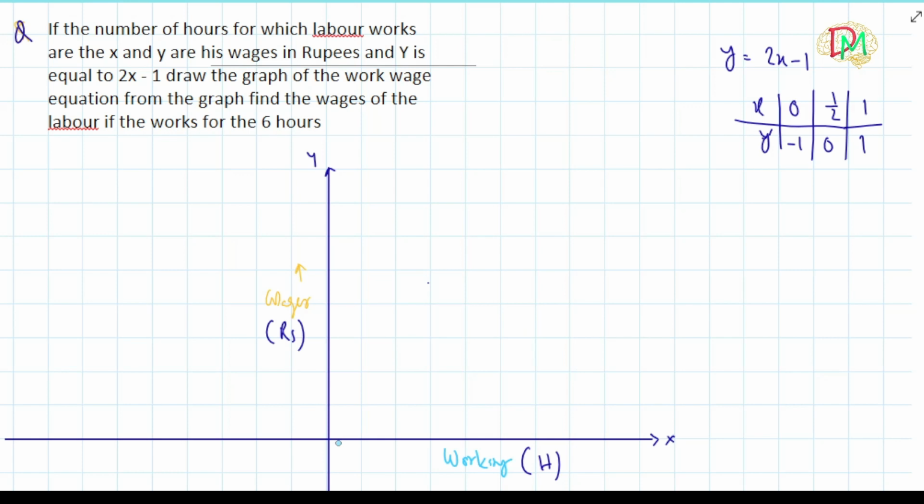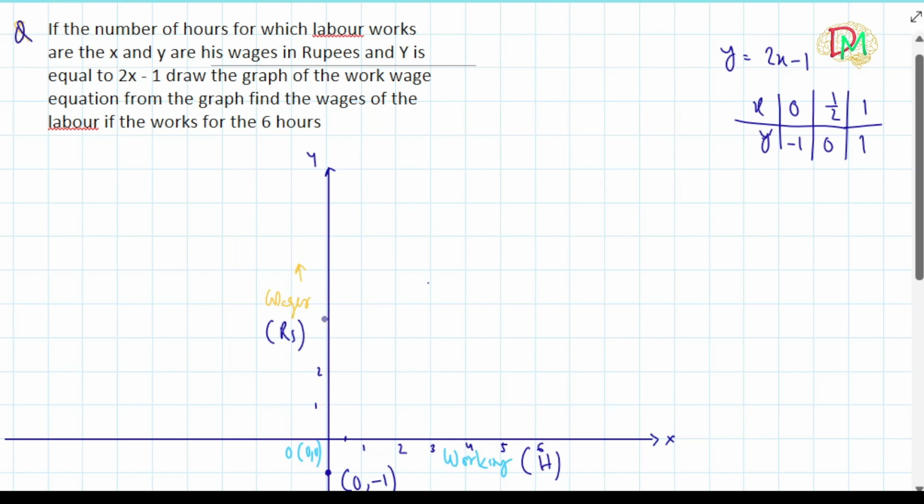Now plot the points on the graph. This is the origin, that is 0 0, and we get 0 minus 1, it is here, and half 0, half is just the middle of this one. Actually this is 1, this is 2, 3, 4, 5, this is 6, like that.